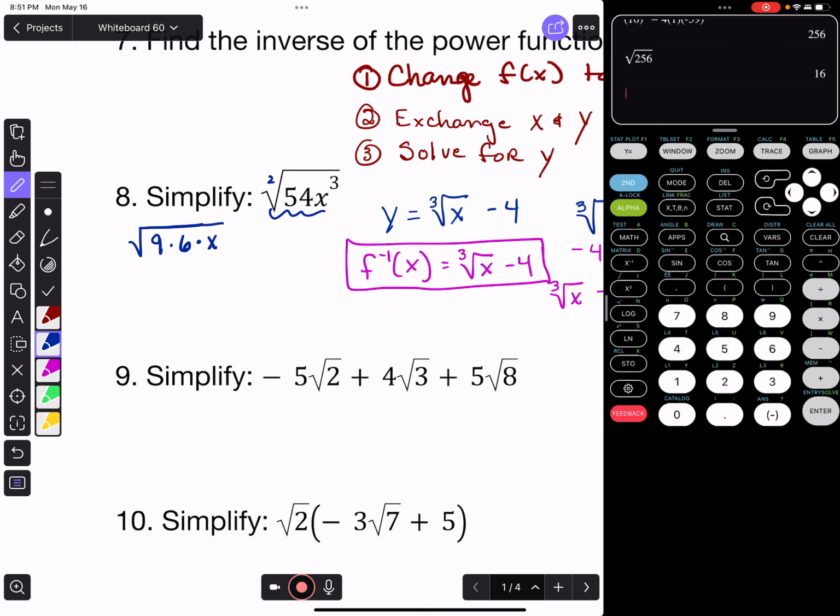But remember to think of the x cubed in terms of even amounts, so I want to think of x cubed as an x squared times x. Because now I've got some things I can square root. I can square root the 9, and I can square root x squared. Square root of 9 is 3, square root of x squared is x, and then left inside the radical is that 6 and that extra x. And so there we go.